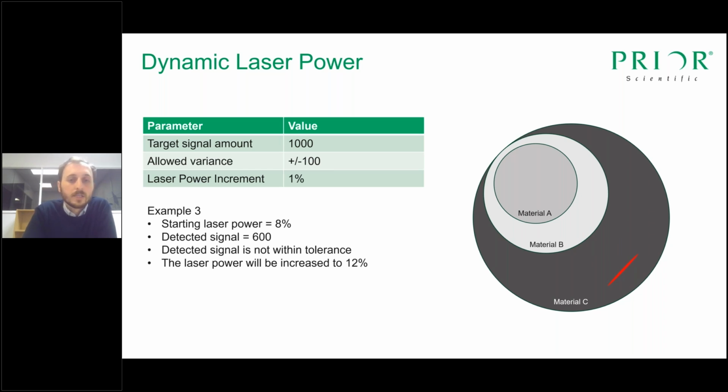We've moved from a highly reflective area to an area that's less reflective, and we've not detected enough signal. There isn't enough signal to noise to determine where focus is, so the laser power can be increased on the fly, dynamically, in real time to enable you to recover the performance of the autofocus.